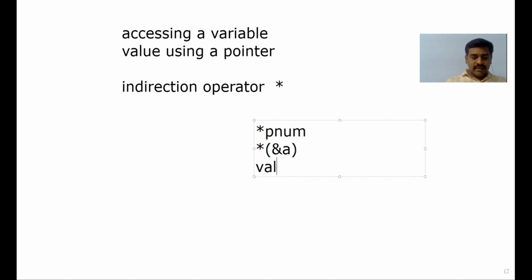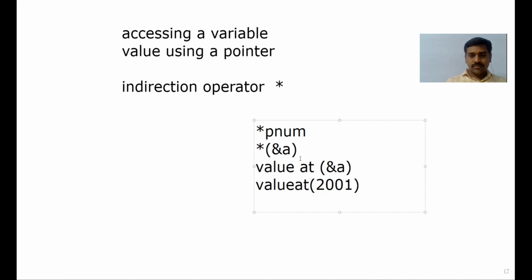The meaning is value at. What is &a? The address. Let us say the address is 2001. Then what is the value at 2001? The value is 10.